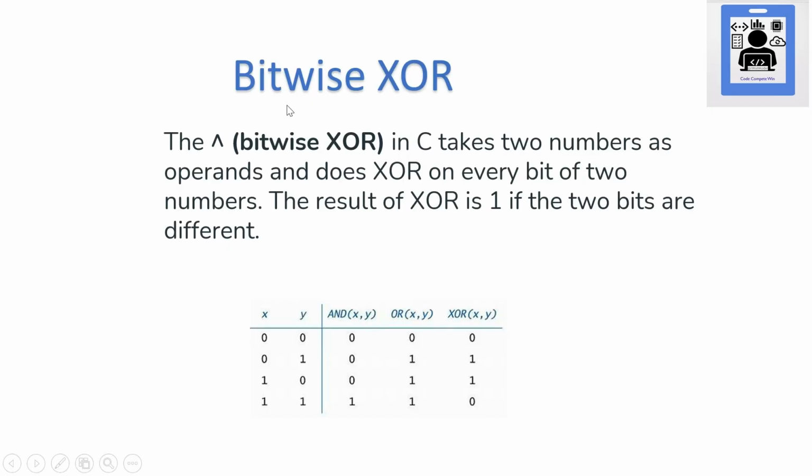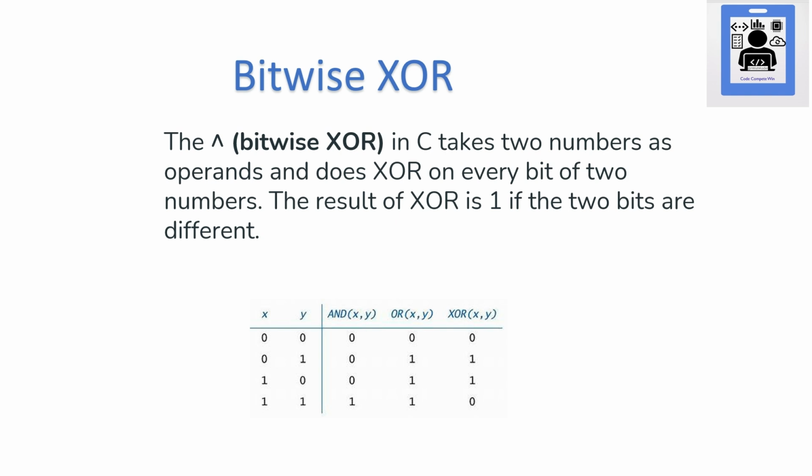As you know, the bitwise operator XOR returns 0 if two bits are the same. It means if two numbers are the same, their bits are also the same. So if we take the XOR of two equal numbers, it becomes 0.